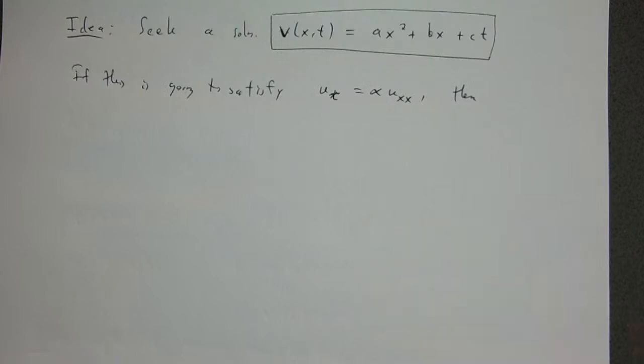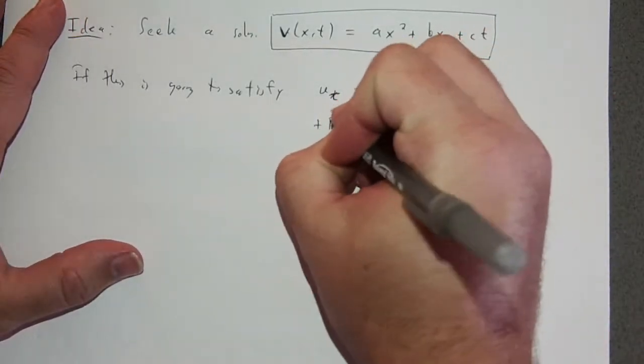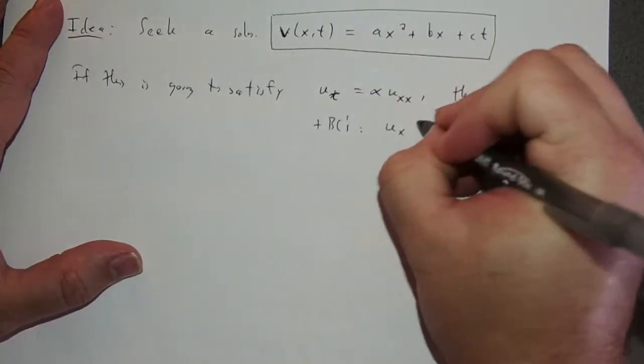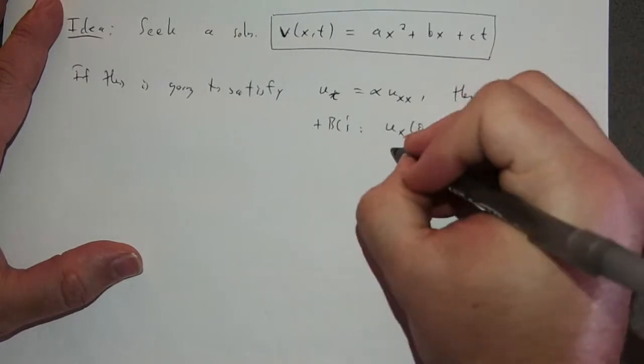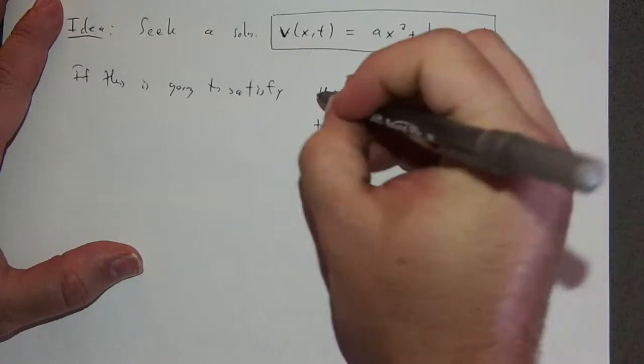Of course, we also want it to satisfy the boundary conditions too. So plus BCs, which are u sub x(0,t) is a, and u sub x(L,t) is b.